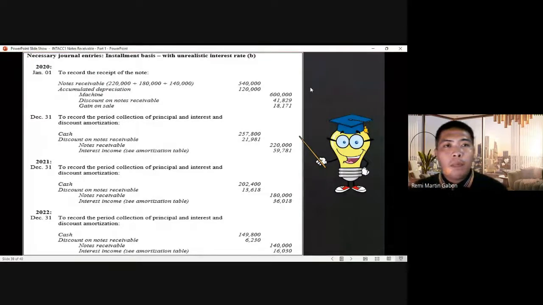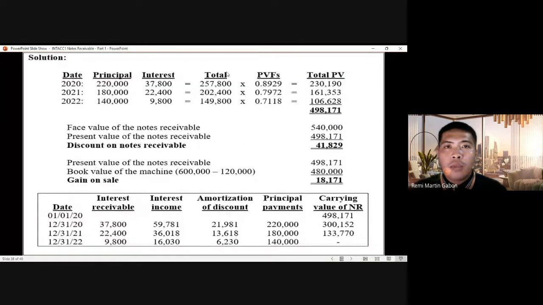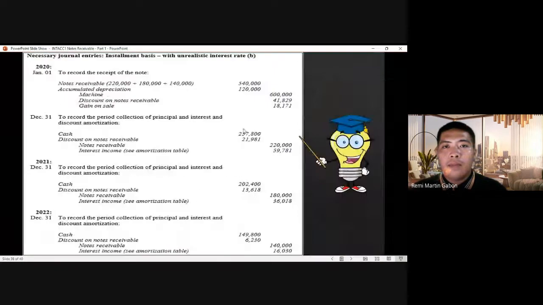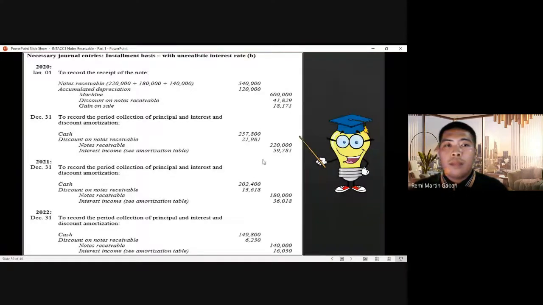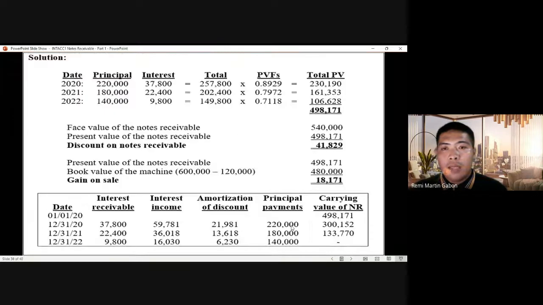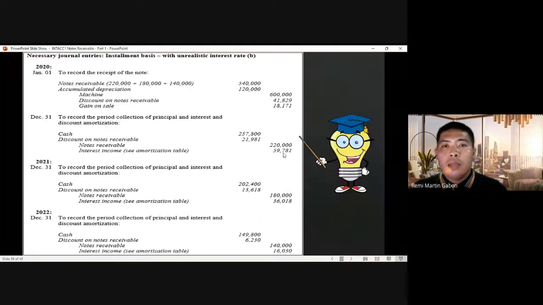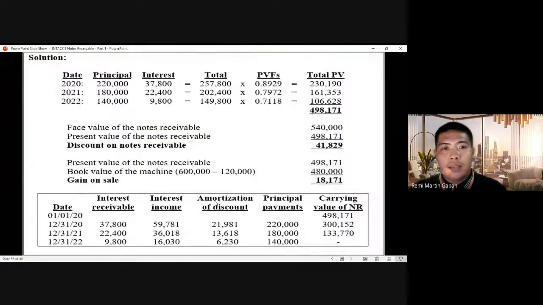Then to record the periodic collection of principal and interest and the discount amortization, debit cash, 257,800. Then discount on notes receivable, 21,981, from the amortization. Credit notes receivable, 220,000. Then interest income of 59,781.